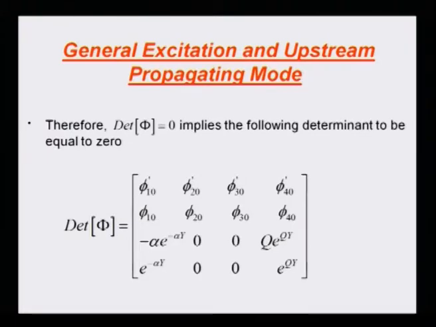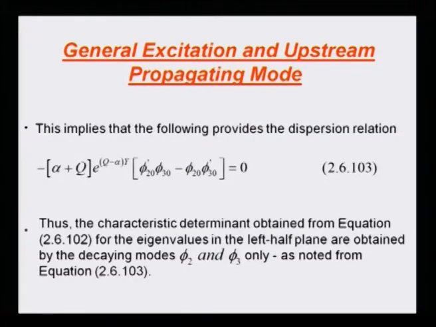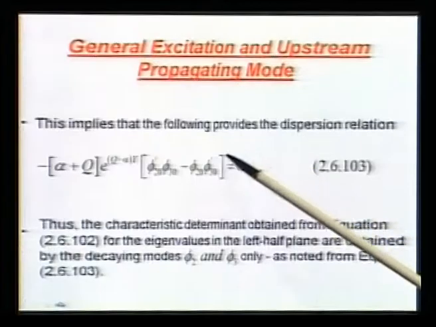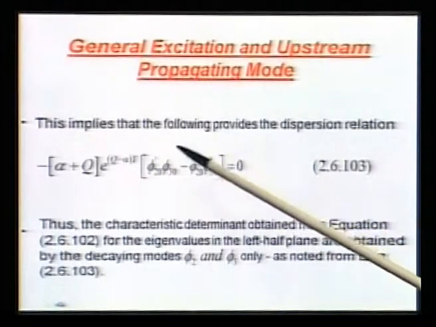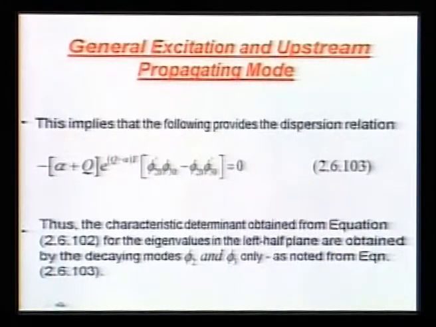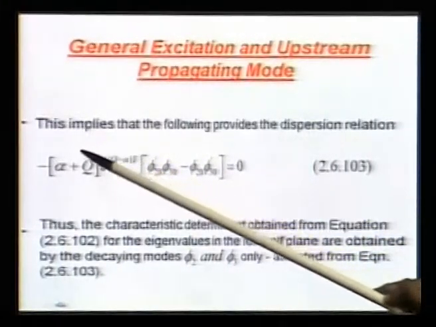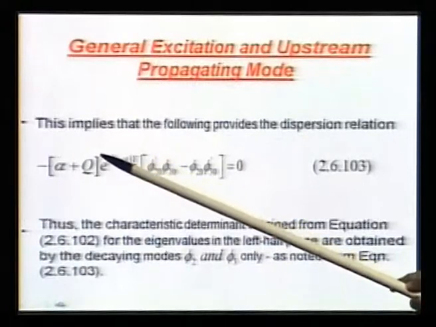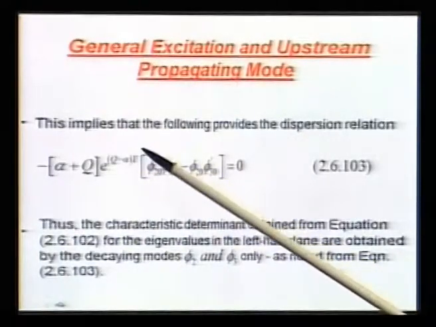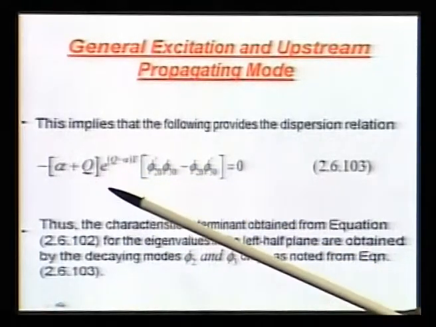Now, once we obtain this, we have seen the characteristic determinant is given by the determinant of this capital phi matrix. So, that basically gives you the dispersion relation. It is a kind of wonderful simile here, that when we open it up and simplify, we find that those growing modes with y give rise to this part of the dispersion relation.